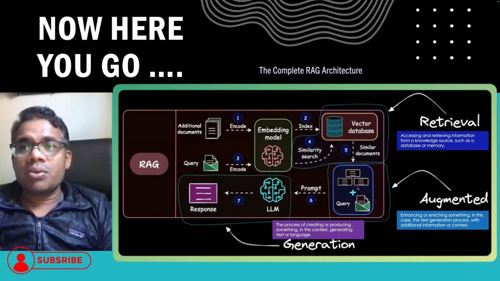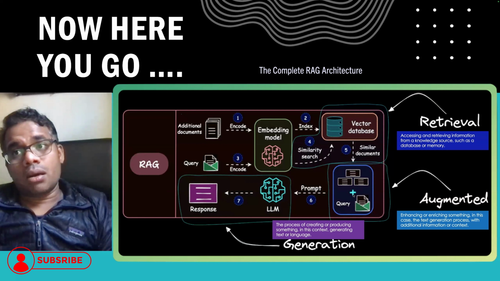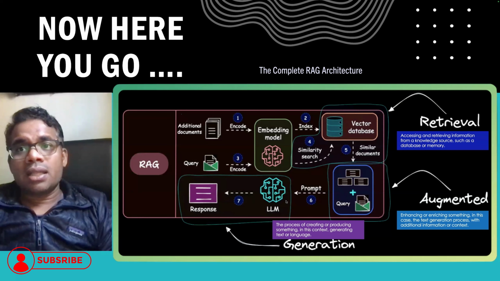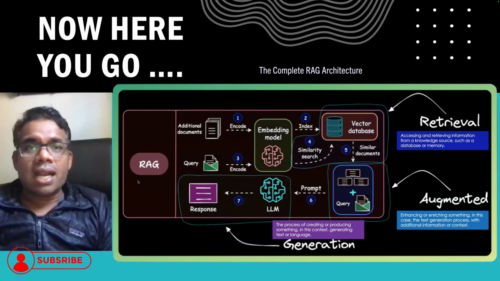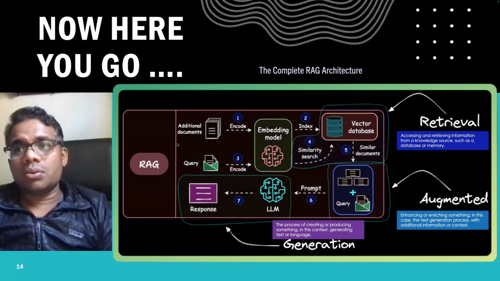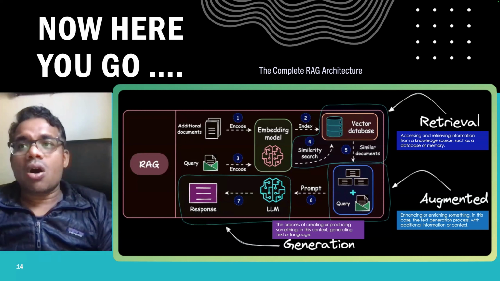So whenever we get the augmentation, the LLM will generate text out of that augmented information, create a response out of that, and send it back to the user who asked for it. So the whole architecture revolves around these three concepts.